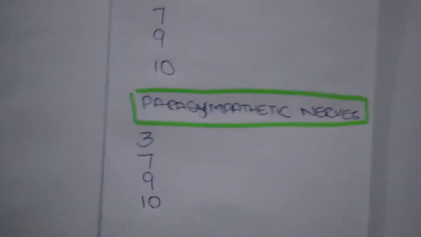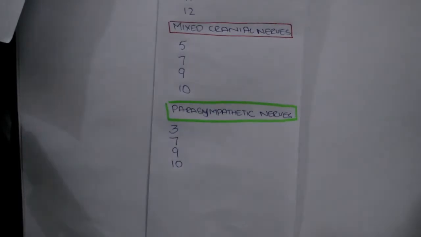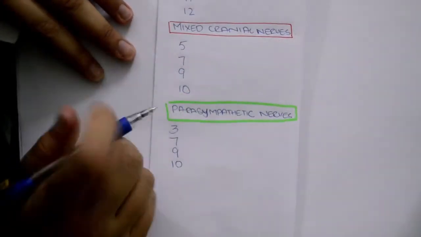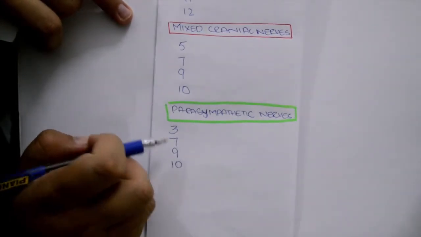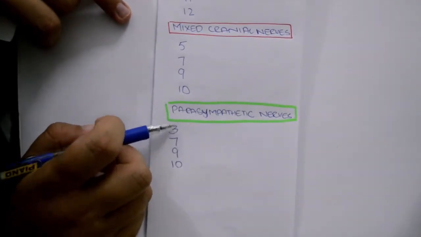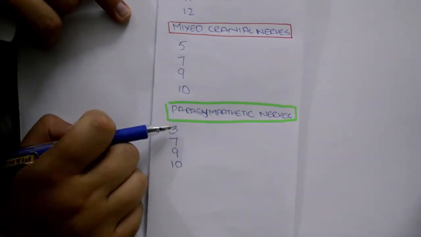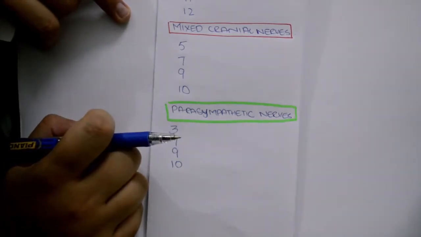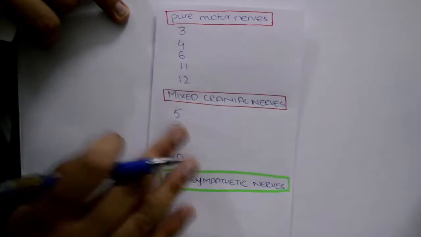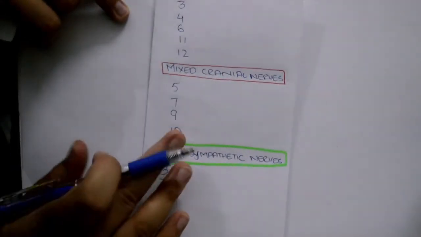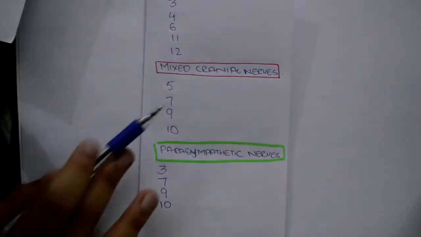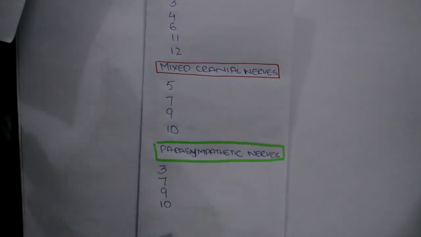So from here, you can notice one thing, that 3 of the mixed cranial nerves, that are 7, 9, and 10, are also parasympathetic. But 3 is not a mixed nerve. It is parasympathetic, and out of the motor and the sensory, it is purely motor. The 5th cranial nerve is mixed. And the rest of the 3 are mixed and also parasympathetic. So you remember this by this as well.